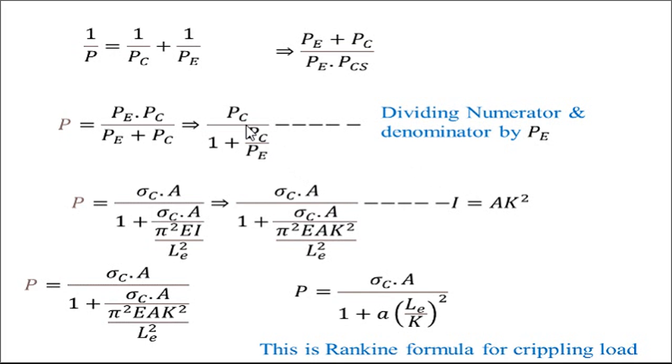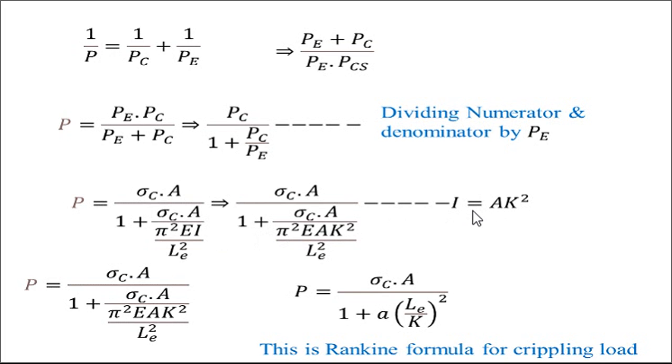And already we know that PC is equal to sigma C into A. You can put the value of PC here in the numerator, and also you can put Euler's critical load formula, that is pi square EI divided by LE square. And also you have to put the moment of inertia relation, I equal to AK square.